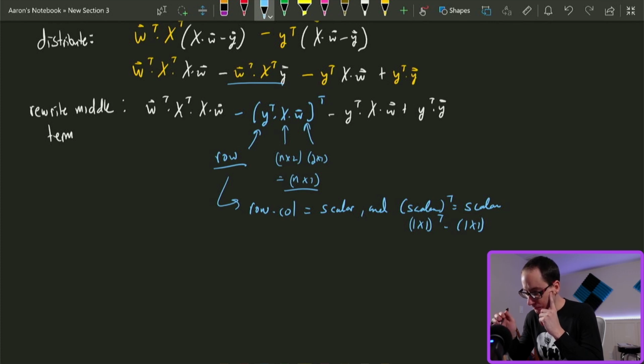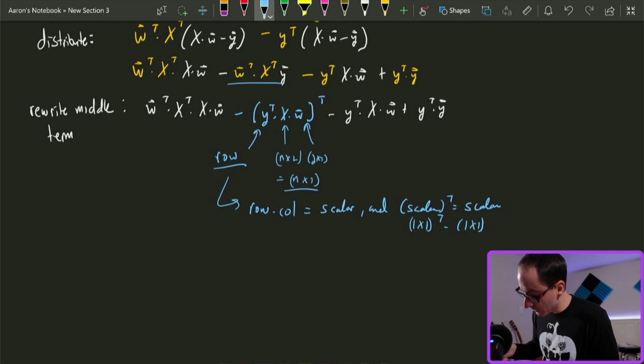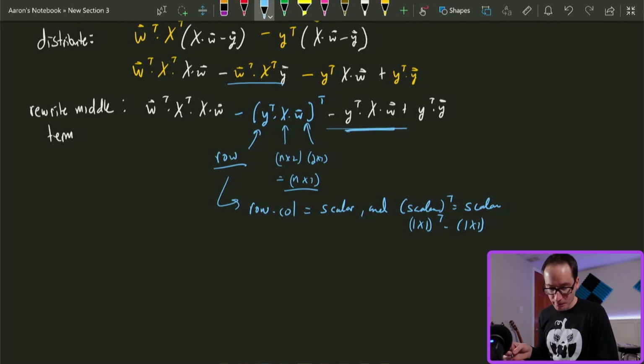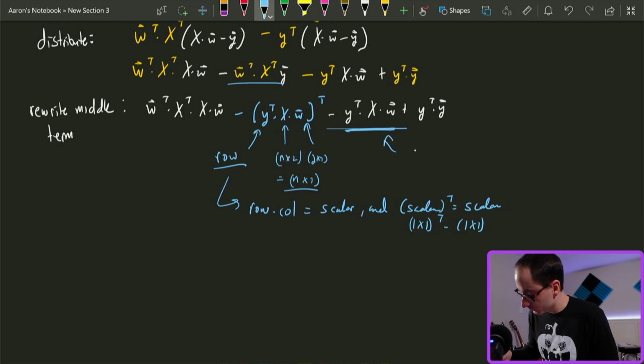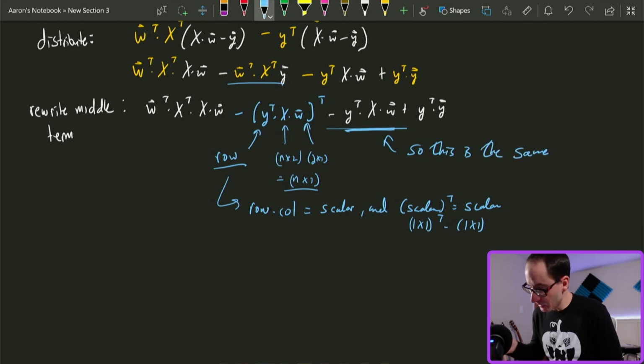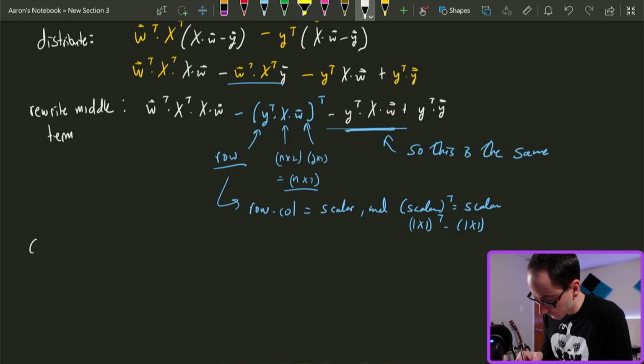So I have y transpose dot x dot w transpose. The reason we wrote it like that is because it is the same thing as what we have right here. These are equal, so we can go ahead and combine those two middle terms.